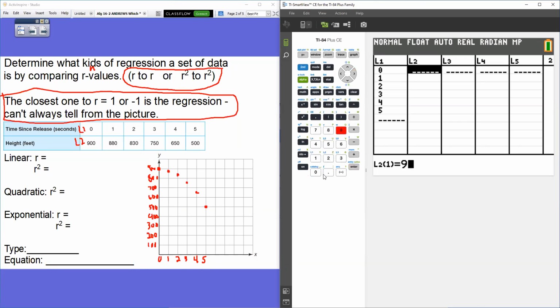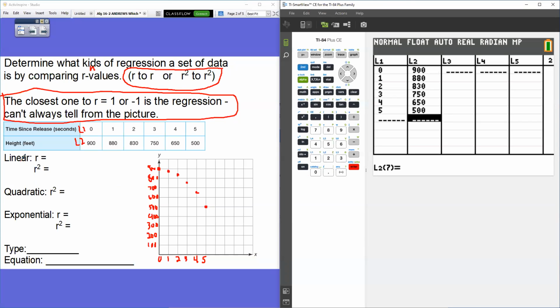So we're going to have 900, 880, 830, 750, 650, and 500. Again, always make sure that your data is typed in correctly, because if you have even one number wrong, it's going to totally mess everything up.